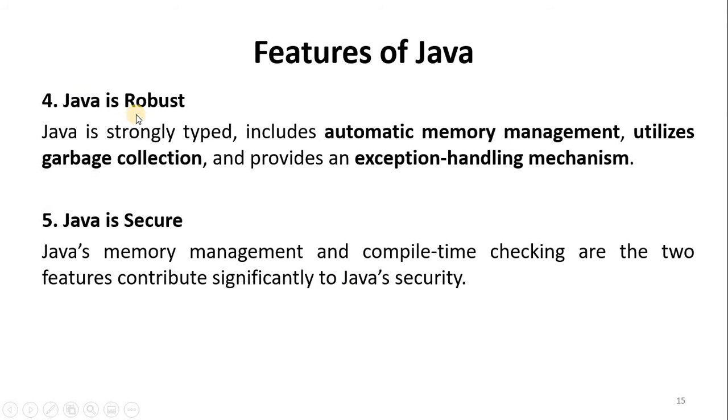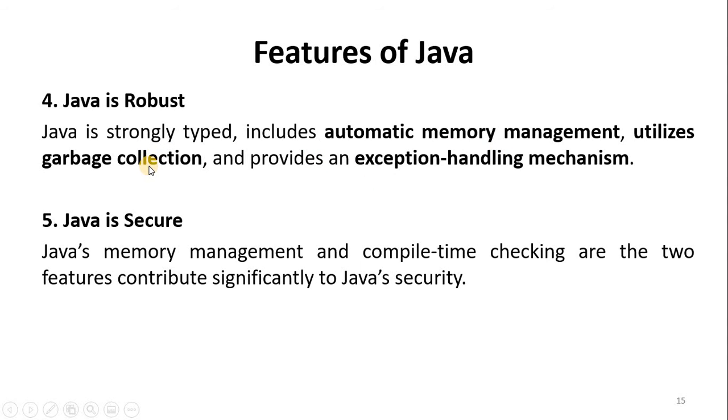Java is robust. Robust in the sense that it is a strongly typed language. So we have structures, formats, and syntax that we follow for typing and completing the program. That includes automatic memory management. Memory is automatically dealt with, not like C++ or other languages. Here it is automatically maintained, and it utilizes garbage collection.